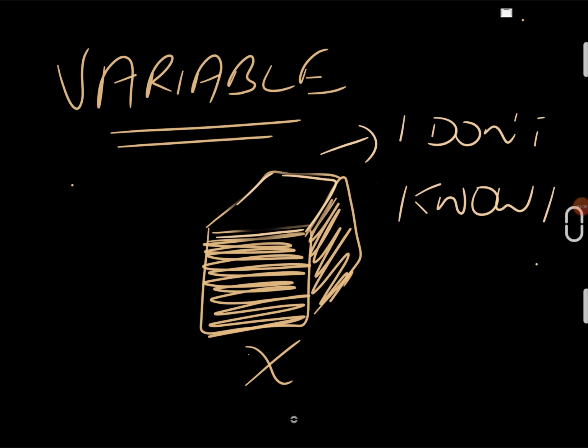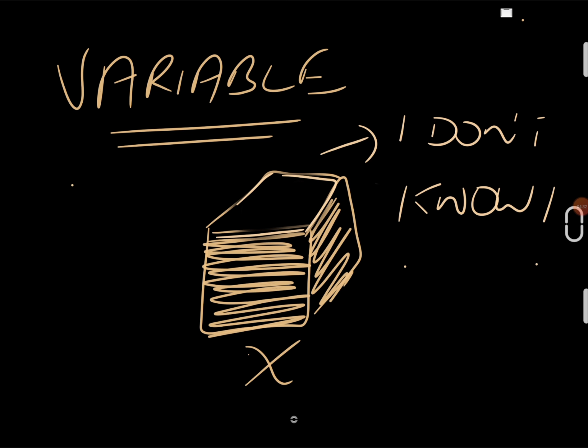Like there is something, but I don't know what exactly it is, but I know that there is something in it. So next time when any sir asks you a question and you do not know, just tell sir, the value of this thing is x. There is a value, but I don't know it. But don't tell that I told you to do that. Okay. Anyways, so this is what a variable is.